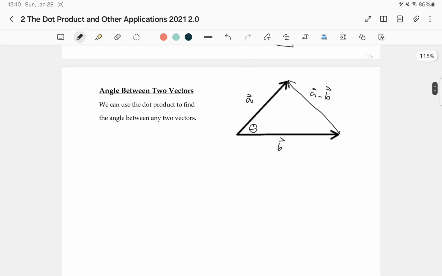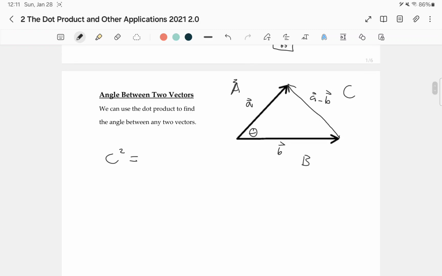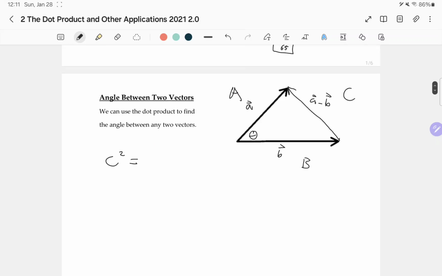So if you recall our law of cosines, let's call this side c, and this side a. c squared is equal to a squared plus b squared minus 2ab cosine theta.